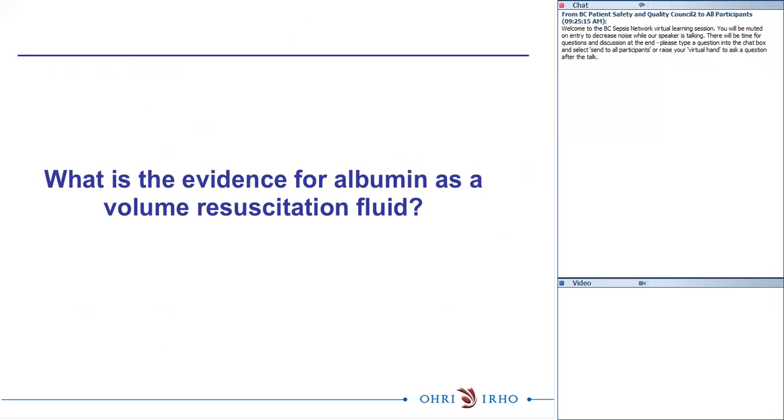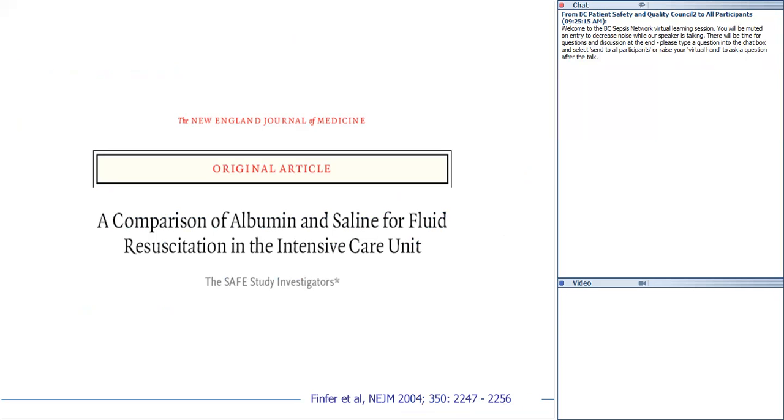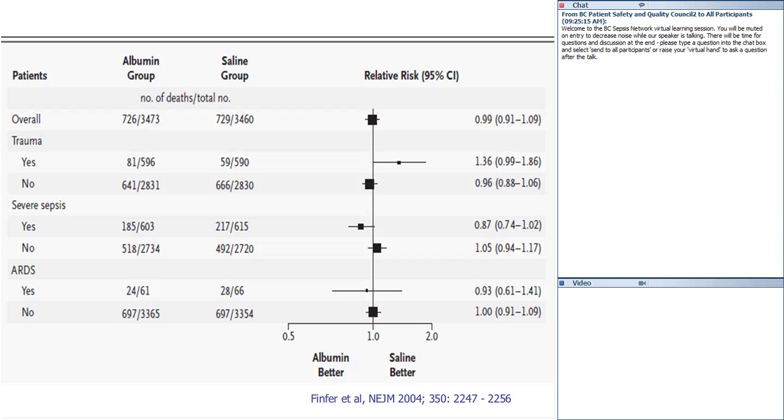But what's the evidence for albumin in our critically ill? Really, the bulk of the present evidence comes from the SAFE trial that was published in the New England Journal of Medicine from our Australian colleagues in 2004. If you remember, this is a 7,000-patient randomized, double-blind, multicenter trial where patients were randomized to blinded 4% albumin versus normal saline for the duration of their ICU stay, with 28-day mortality being the primary outcome measure.